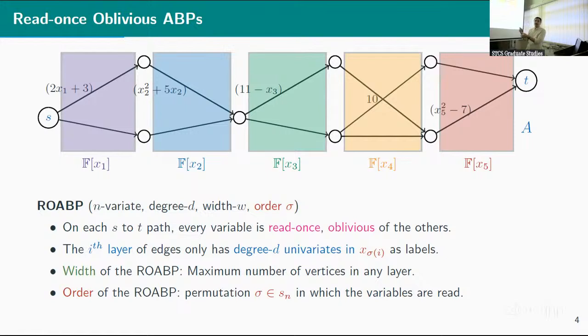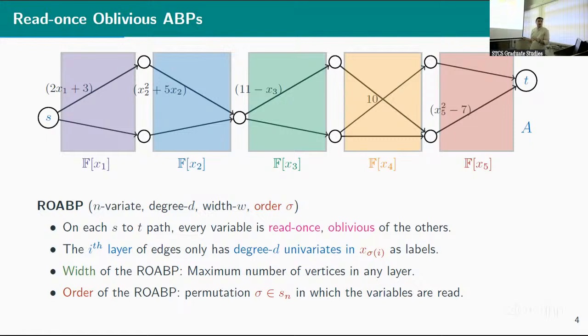So the only parameter that dictates the size is the width, which is why instead of size, we now look at width. And order is the other parameter about the ROABP. It's just the permutation on the variables given by the order in which you are reading them. So for an ROABP, there is n, d, w, and a sigma, which is a permutation.